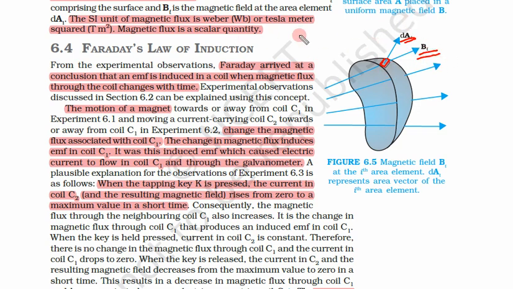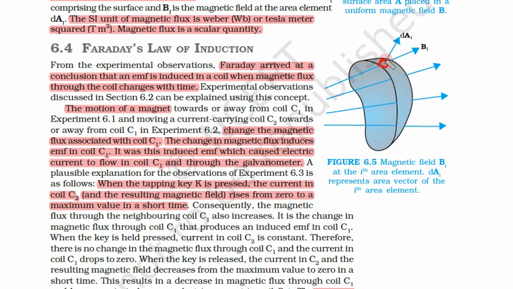Same thing as we have discussed, we will break this bigger area into small area segments dA and the field at this area is Bi. Now the magnetic field Bi at the ith area. So we have divided it into i areas. The ith area element dAi represents the area vector of the ith element. So this is a small area.